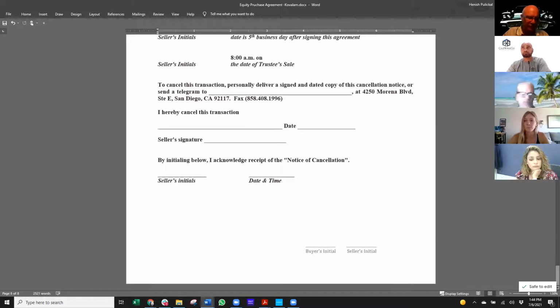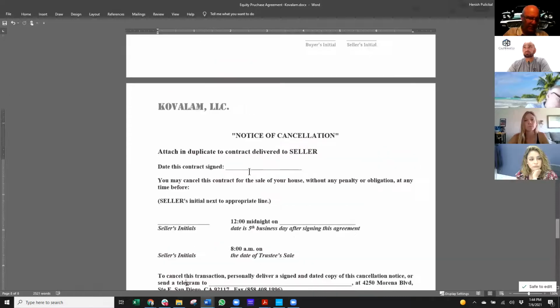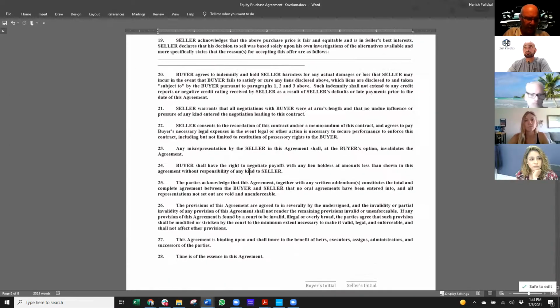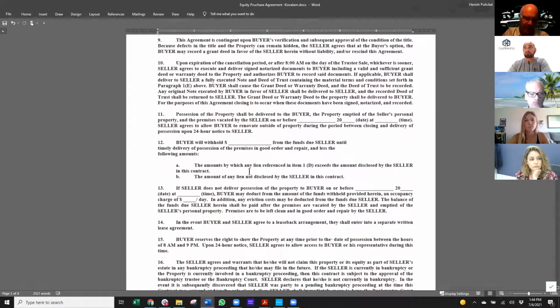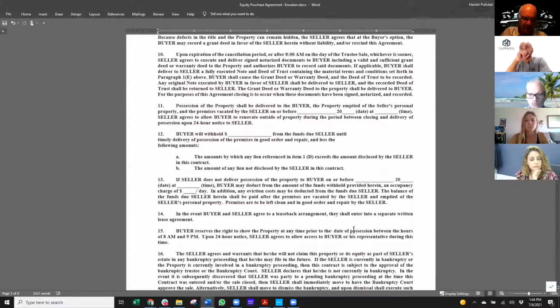Item number 12 on the contract. It's actually more of a thought than a question. So we talk here about where the amounts of a lien may be different than disclosed.